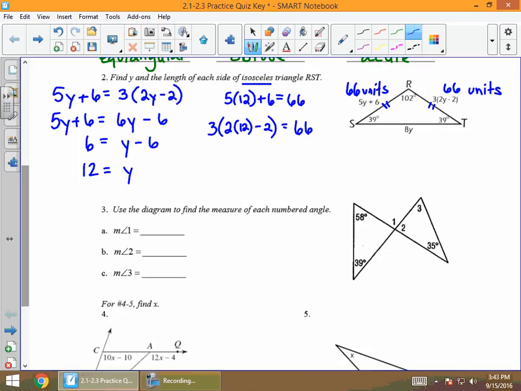And the third side is 8 times y. And 8 times 12 is 96. So this one is 96 units. Those sides, just plugging 12 back into either one of those. You can do most of that work right in a calculator if you would like.